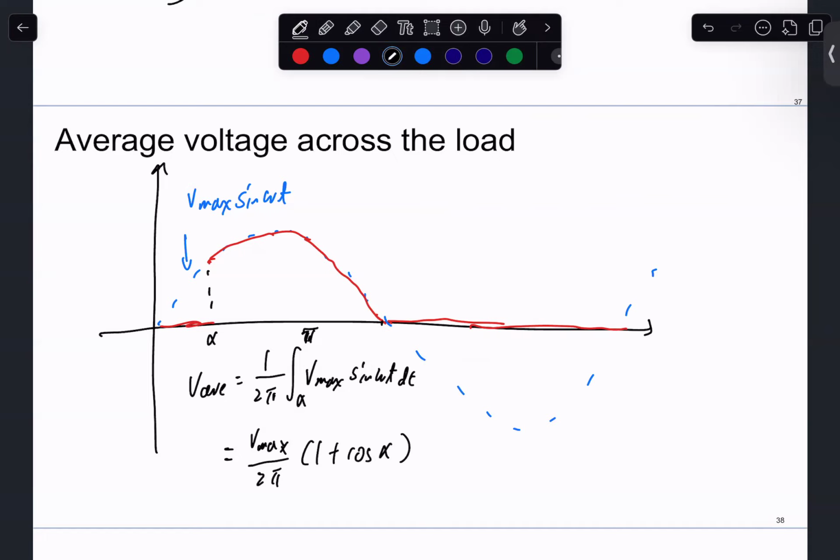So 1 plus cosine alpha is a number that goes between 2 and 0. Depending on what this alpha is, you get a different average voltage. So there's the point of why this is controlled: there's this alpha parameter that is up to us to tune.